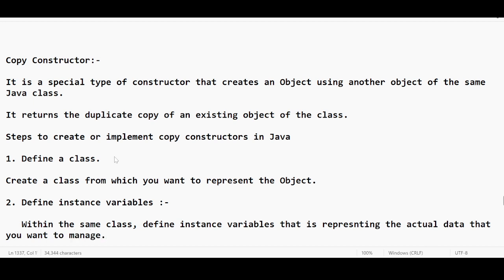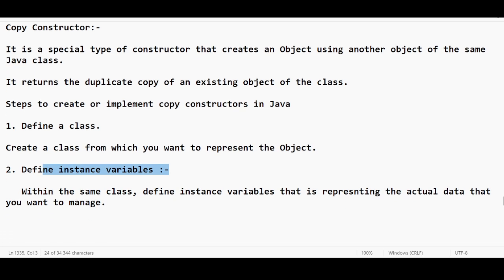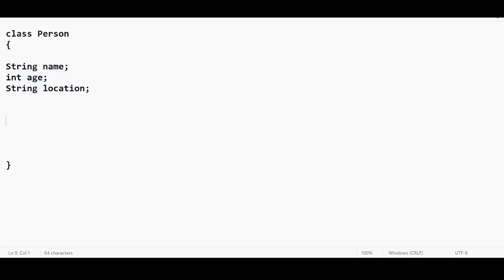What is the first step? Define a class. The class has been defined. Second step, define instance variables. We have defined three instance variables, right? By looking at this, you can say name is there, age is there, location is there.